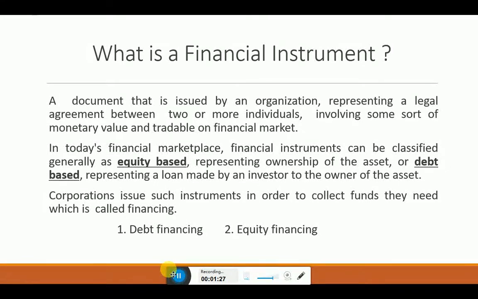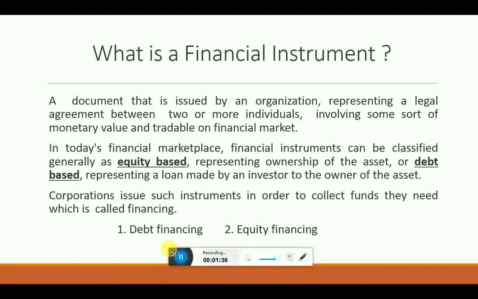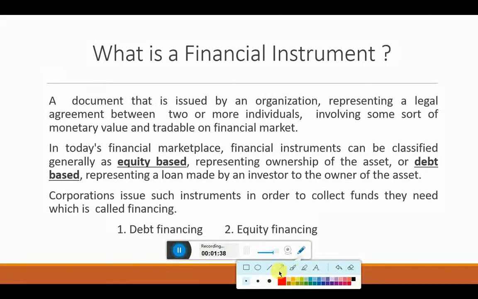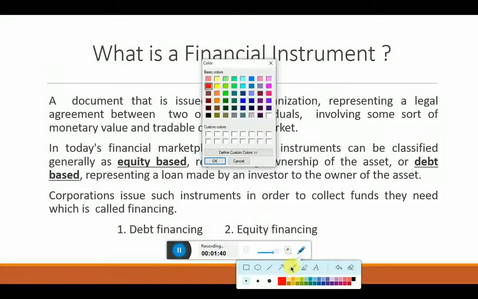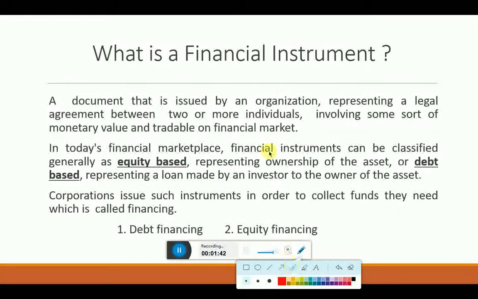Financial instrument or financial security is a document that is issued by an organization, and that organization can be a public organization or a private organization. Organization can be a corporation, or it can be a government-owned organization.